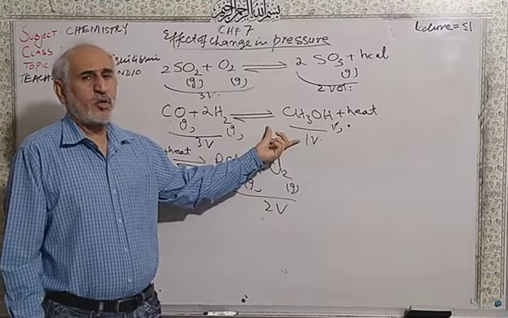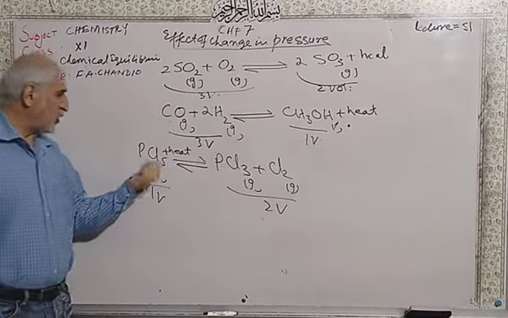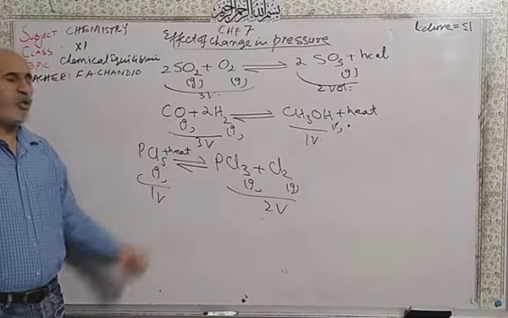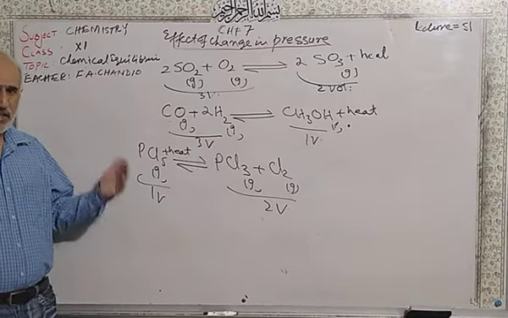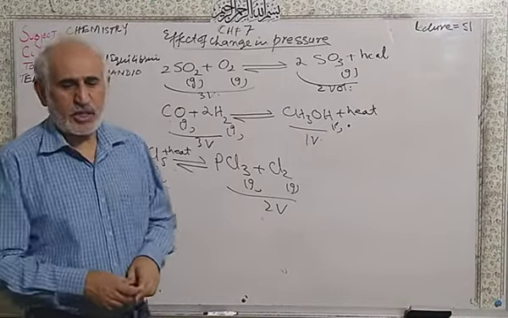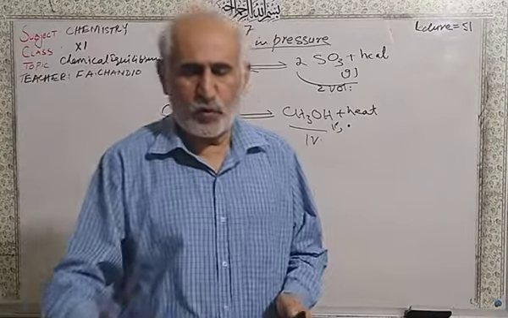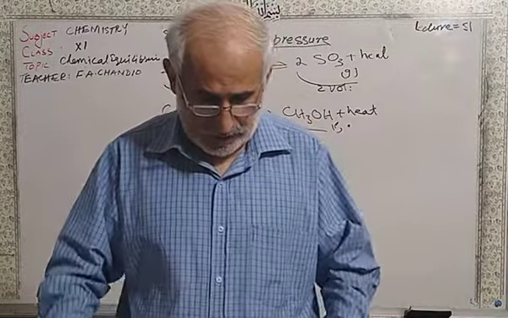More methanol is formed when you give pressure. More phosphorus pentachloride is formed when you give the pressure. So when the pressure is increased, according to Le Chatelier's principle, the system will move toward that side where the number of moles are going to be decreased.